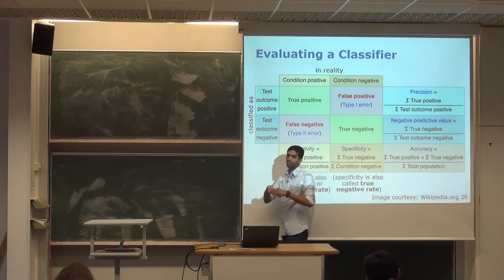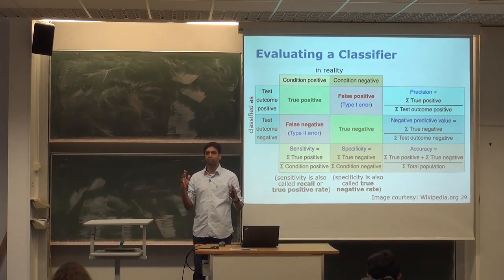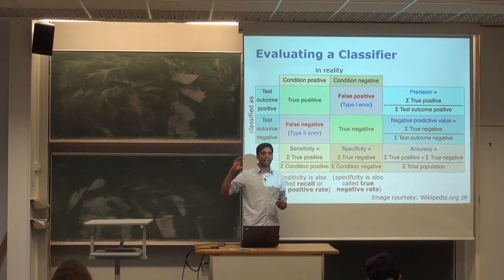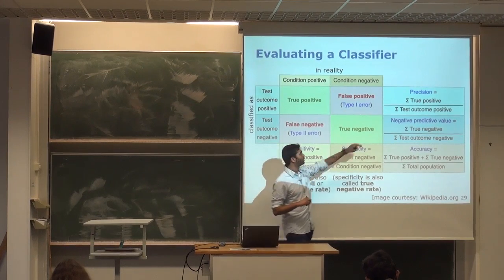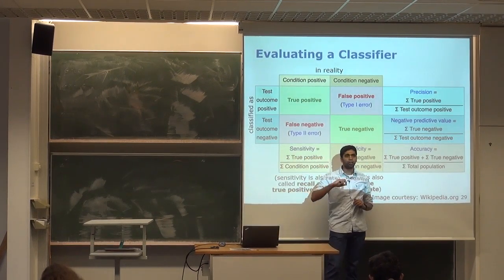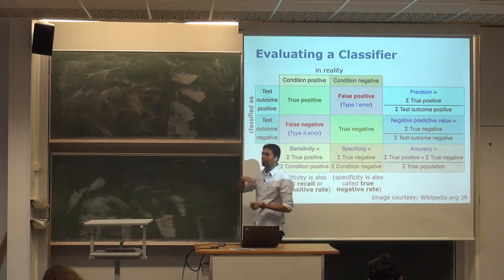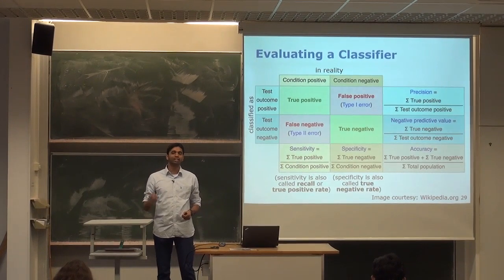Say for some reason you want to be really precise that your image is a cat. You want to make sure that if you say something is a cat, it really is a cat. This means you have to design a classifier such that your precision is high. Maybe you miss lots of cats, but the cat that you say is a cat is really a cat.